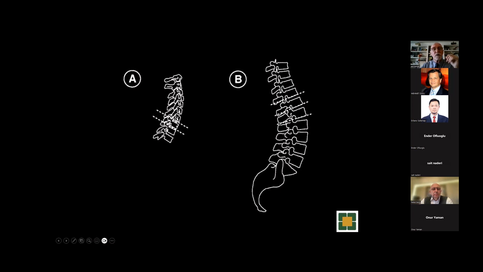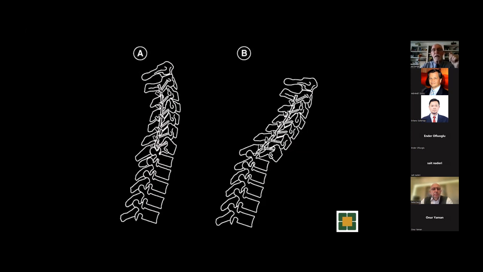Conversely, at the cervical thoracic junction, we have an abrupt change in dynamics at the C7-T1 junction, going from a mobile cervical spine to a relatively immobile thoracic spine. This causes a lot of stress at this point and can lead to failure.